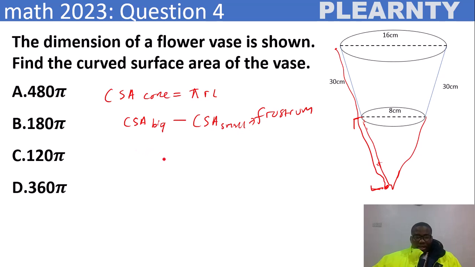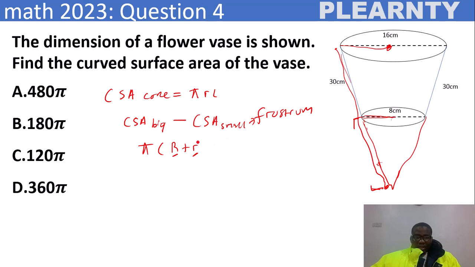But another formula you can use to get the curved surface area of a frustum is pi, then open bracket, you have your R plus r. This R is the radius of the big cone, this entire big cone, and this r is the radius of the base of this small cone that you have here.